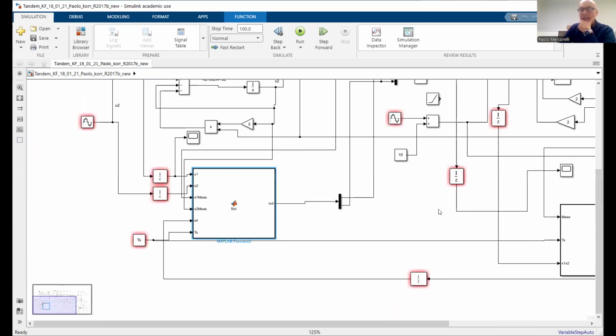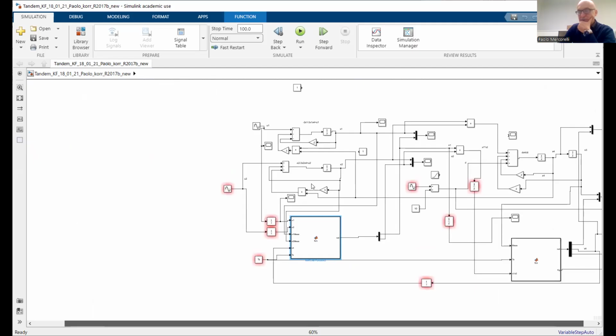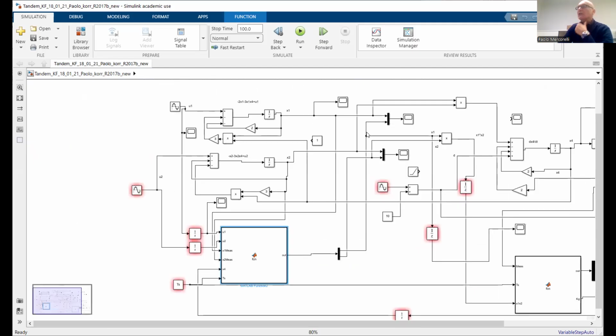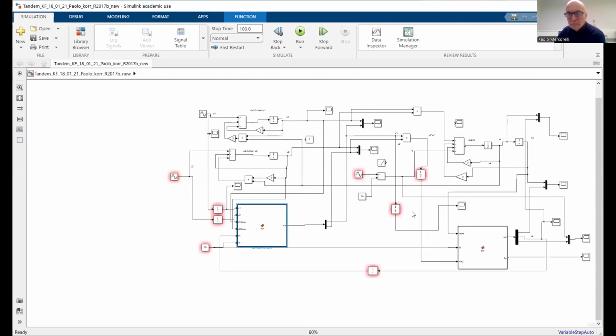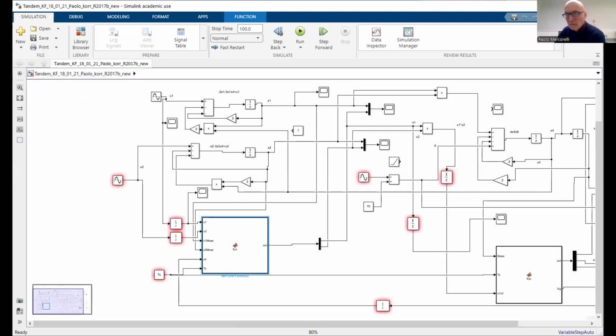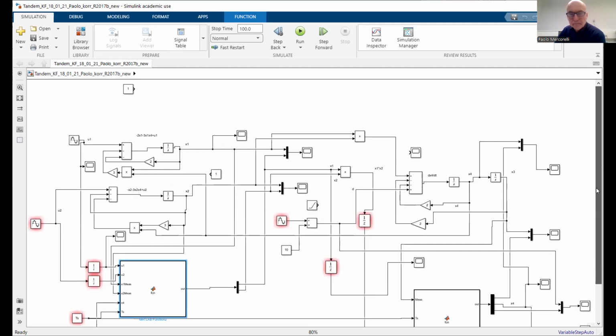All the rest, which we can see here, is really confusing, but you can put everything in a block, in a subsystem, if you want. This is the system. I hope that you can believe me.